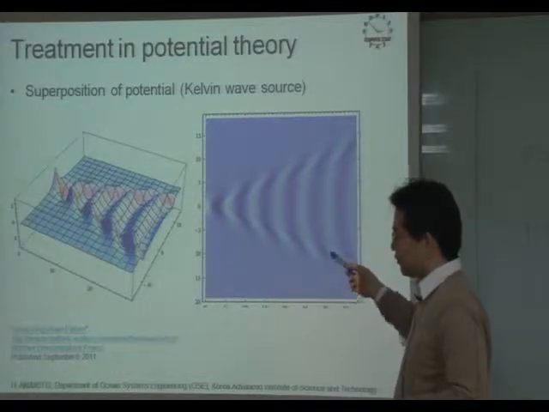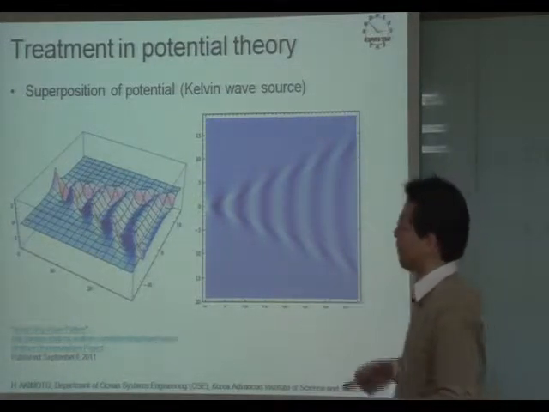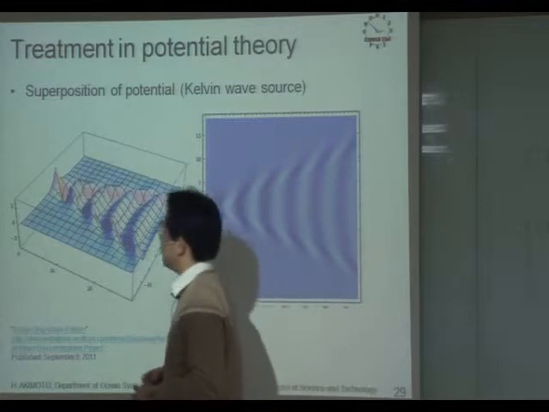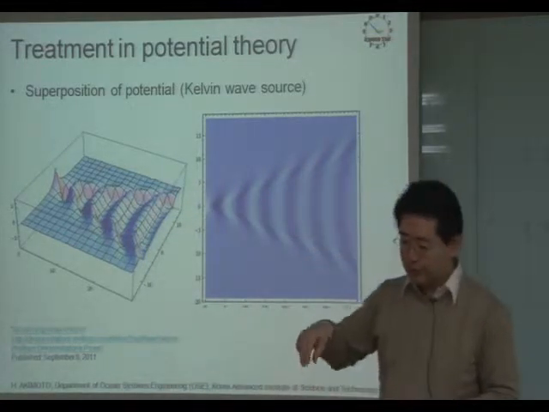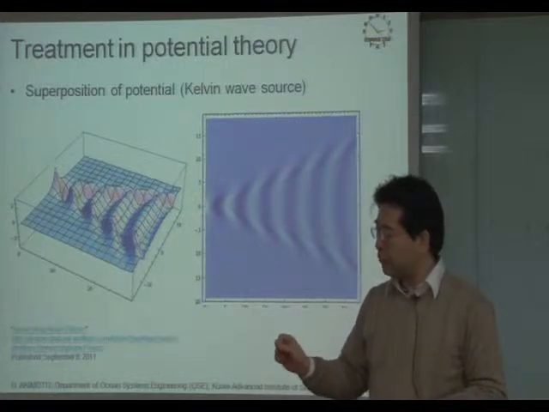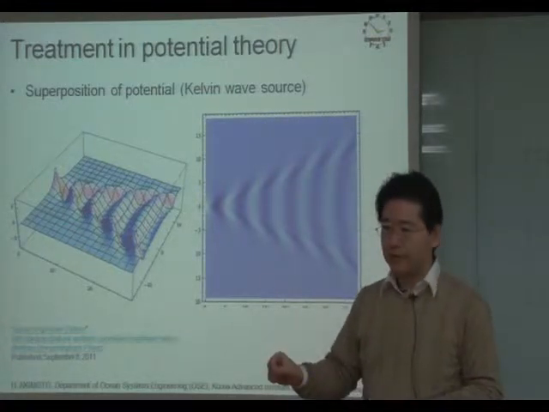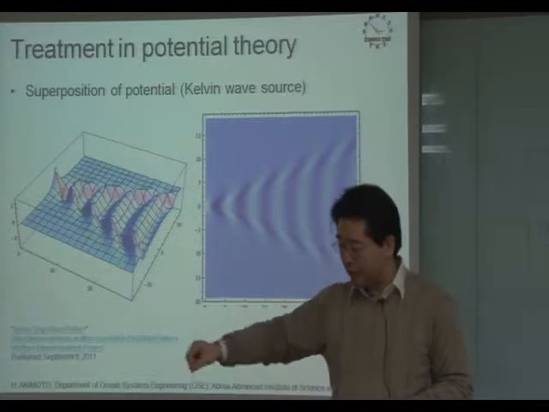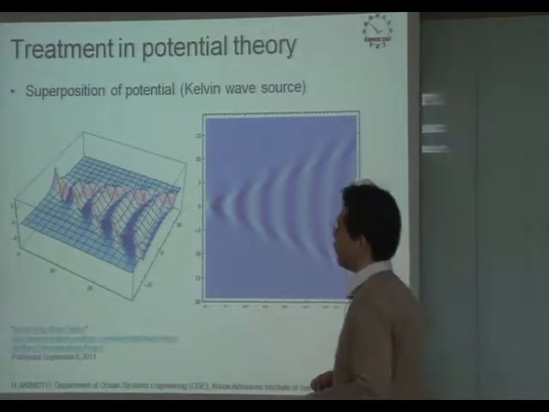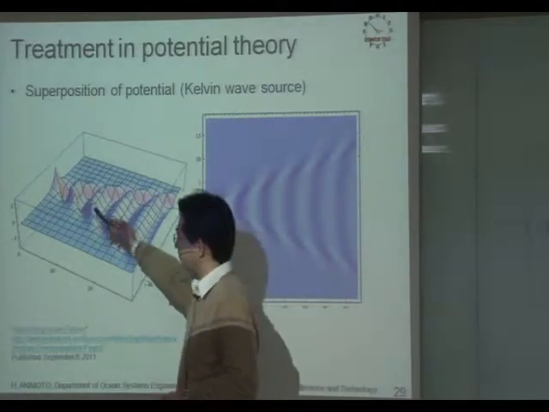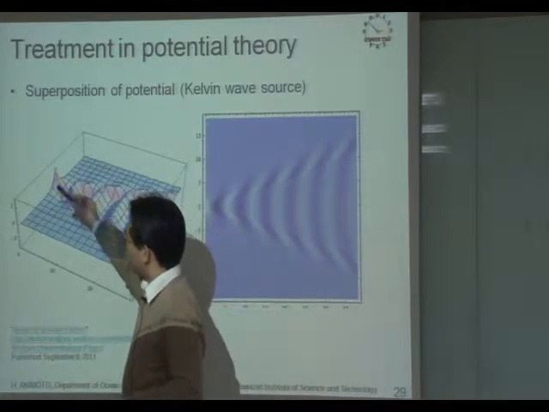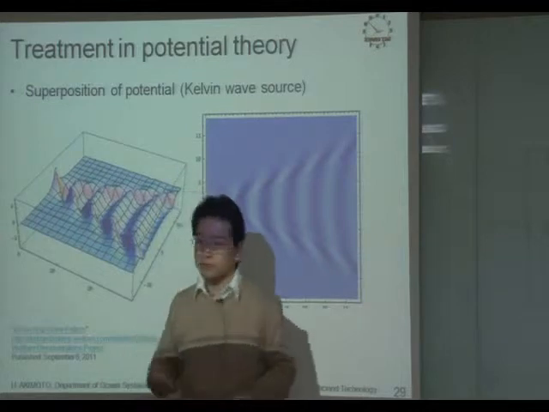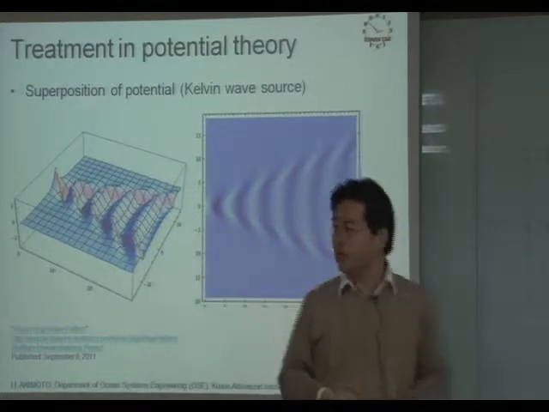It is a two-dimensional calculation. The basic idea is if you place an infinitely small object on the free surface and move it, it will generate a wave pattern. So this is the element of the wave generating source.